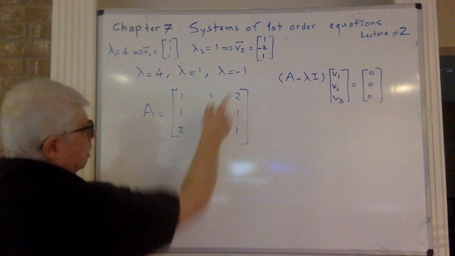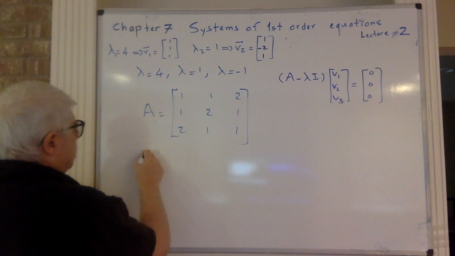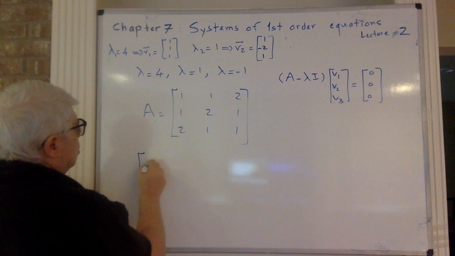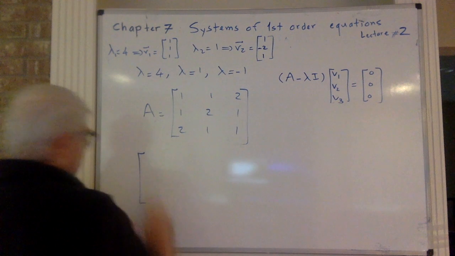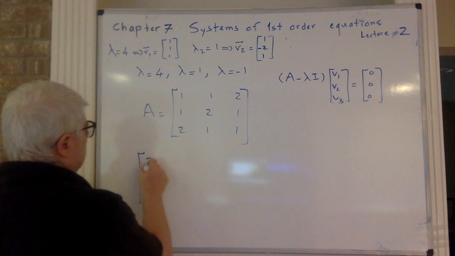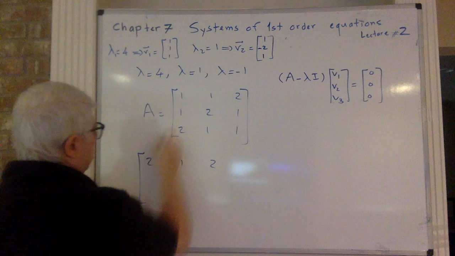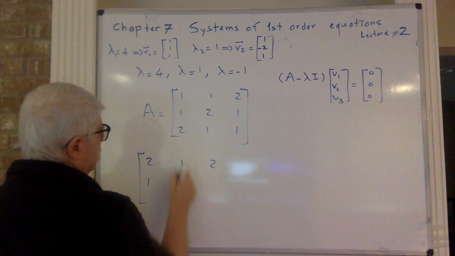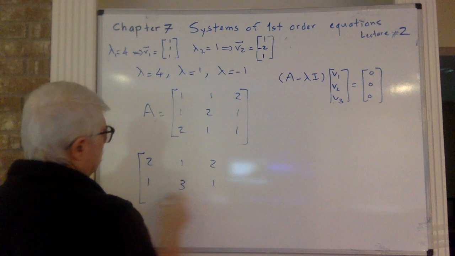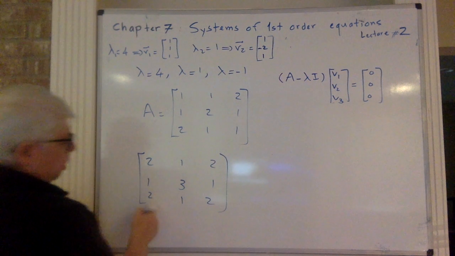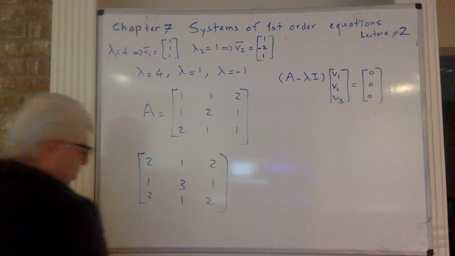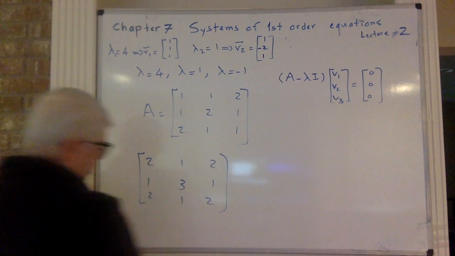Okay, so -1 will give me 1 minus -1 is 2 in fact, not 0. And 2 here, 1 here, 2 here, 1, and 2 minus -1, that's 3. 2, 1, 2. Well, you can say this one is exactly this one.